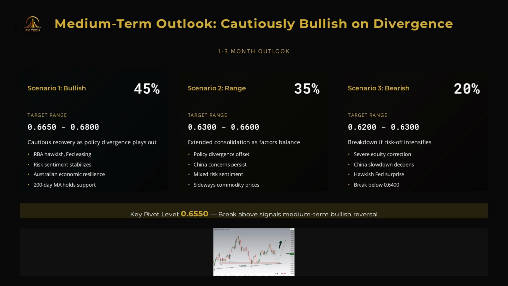Triggers include severe equity correction, deepening China slowdown, hawkish Fed surprise, or technical break below 0.6400. The key pivot level is 0.6550. A break above signals medium-term bullish reversal and validates the policy divergence thesis.